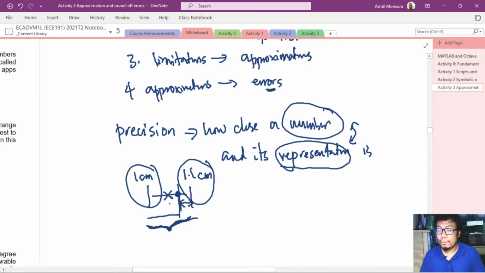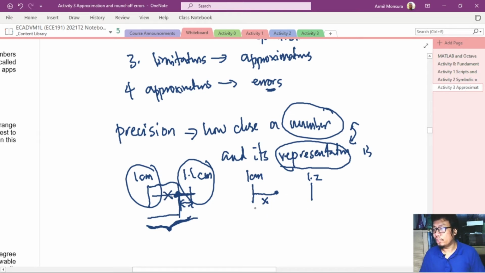So if it is larger, say for example your ruler can only measure 1 cm and then after that, 1.2. This is your number. If there is no 1.1 in between 1 and 1.2, this would be your error, for example. Or maybe it could be this, whichever is closer to what you want. But still, it is larger compared to this. If this was your error at first, this is now your error in the second case. So it is still larger.